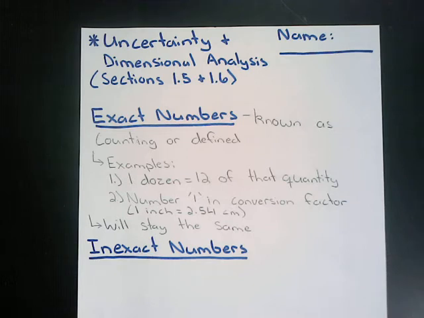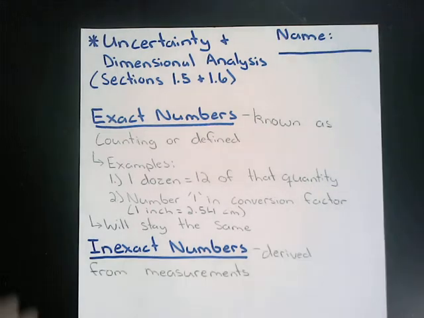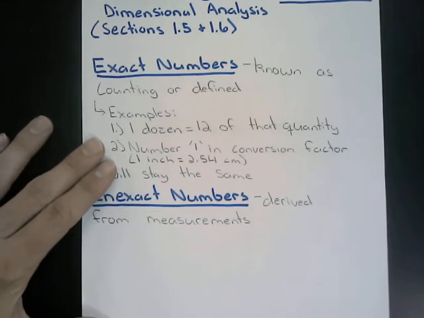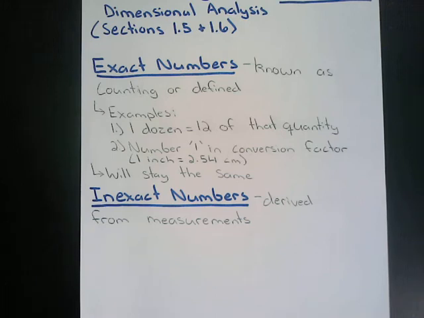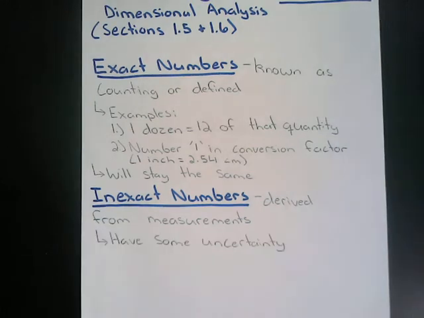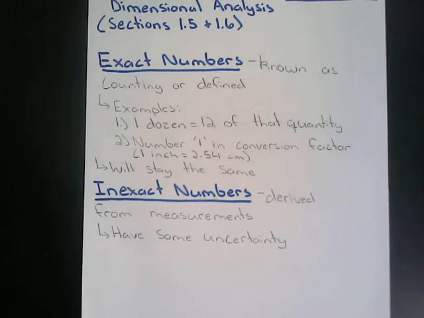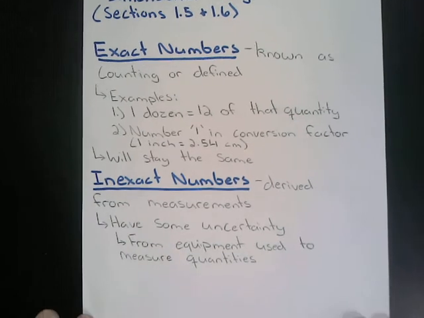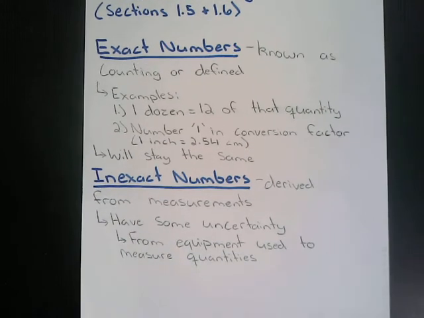Now, inexact numbers are derived from measurements. Because they are derived from measurements, they're going to have some uncertainty. This uncertainty can come from the equipment that's used to measure quantities, and from human errors of how different people make measurements on the same device.